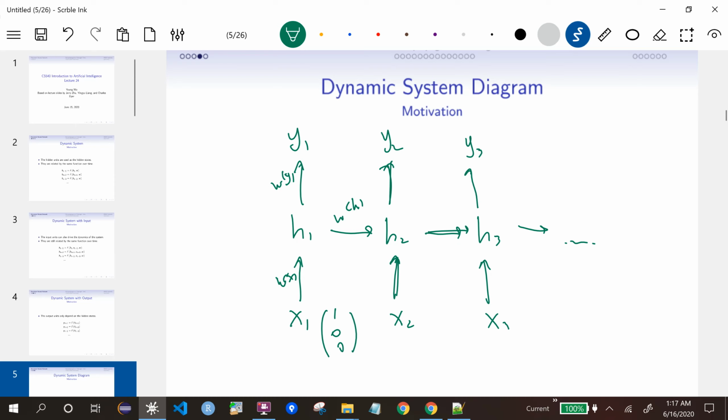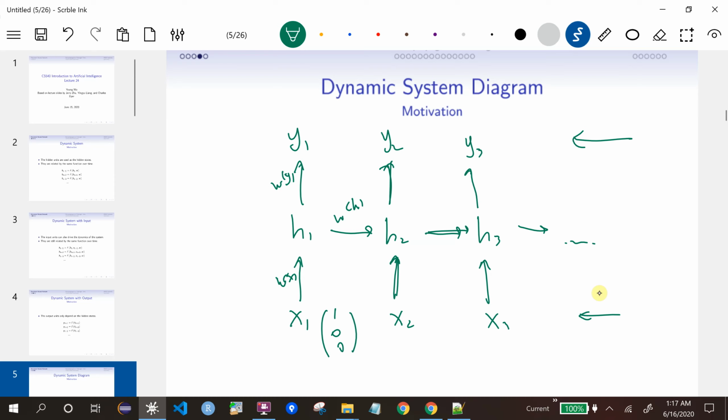And one thing I want to say here is that the notation is kind of inconsistent with HMM, so it's my mistake. I'm sorry, I should have used different notations for HMM, but here it seems Y and X are flipped. So let's talk about some examples that I've given in HMM lecture.